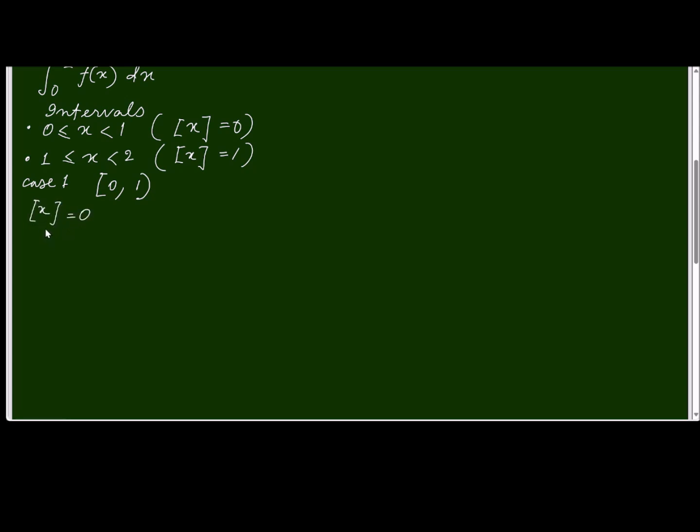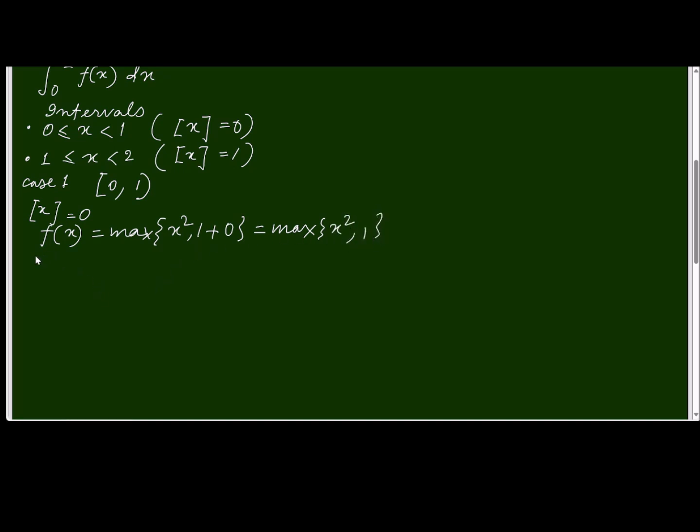So f of x, which is the maximum of x square and 1 plus 0, that is 1. So I'll take the maximum of x square and 1.